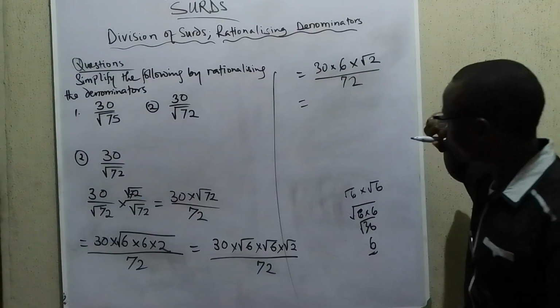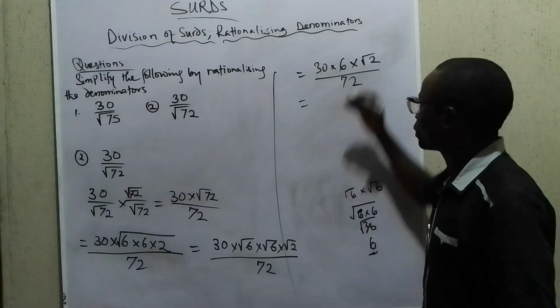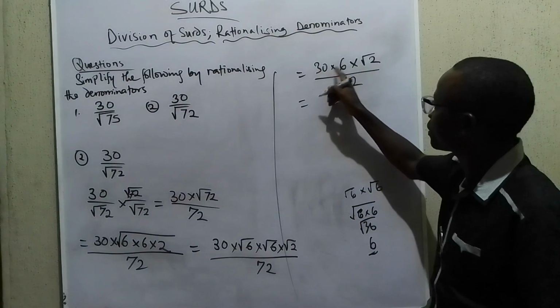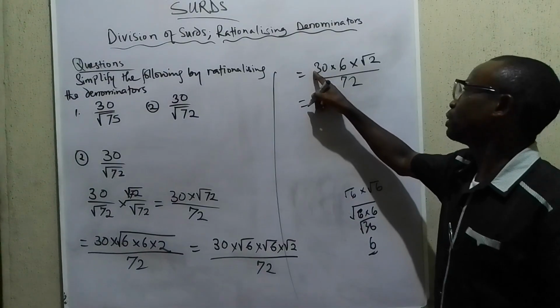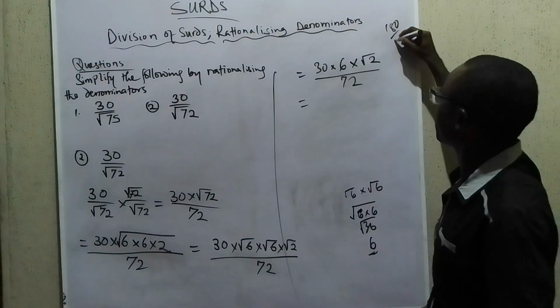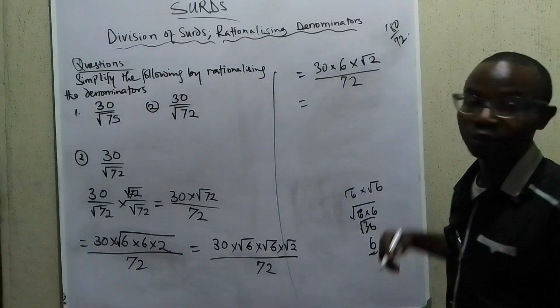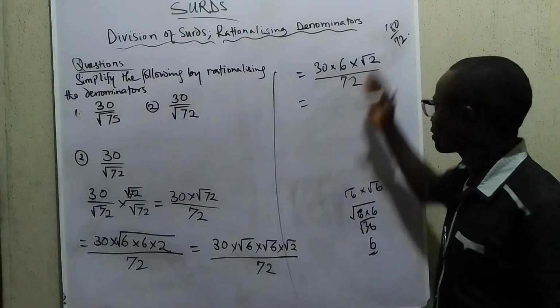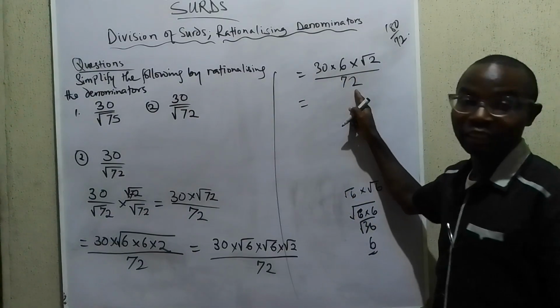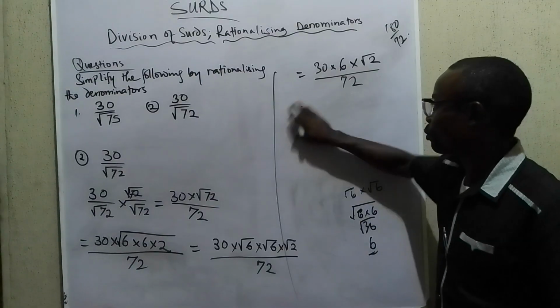But how do we go first? We can break it down. 3 times 6 is 18, so we have 180 over 72. But before we make it so large, let's start slashing it. That is my style. Instead of multiplying and then dividing again, let's start breaking it down to lowest terms.